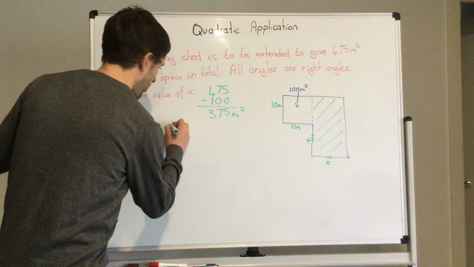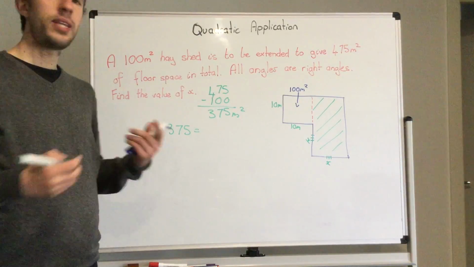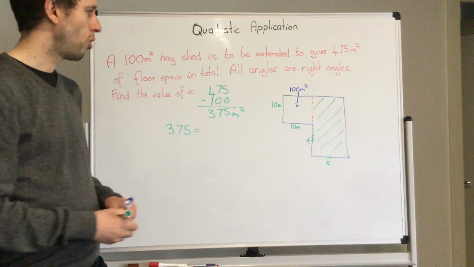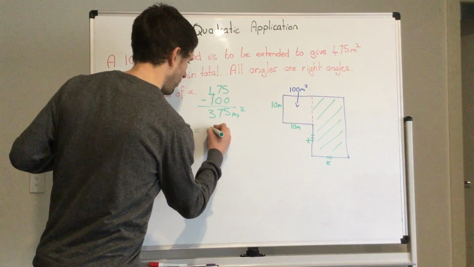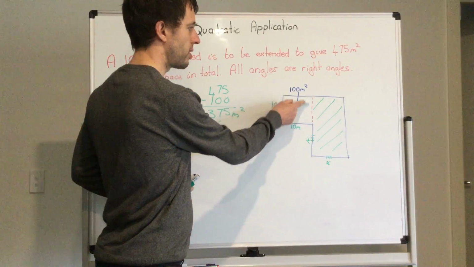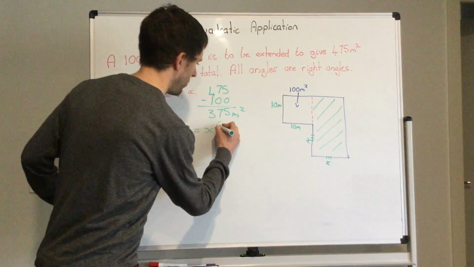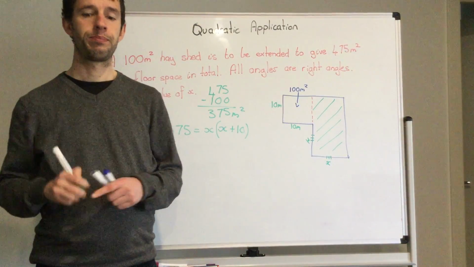So I've got 375 equals. What is our equation to come up with this? Well, our width is x. What are we timesing? X plus this part, which is 10. There we go.